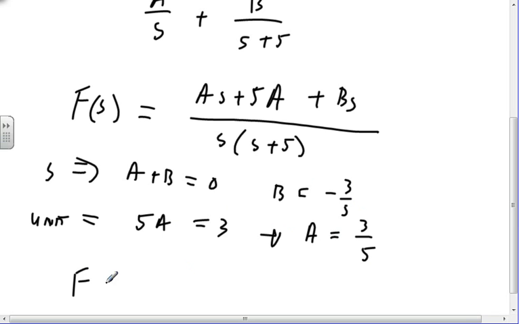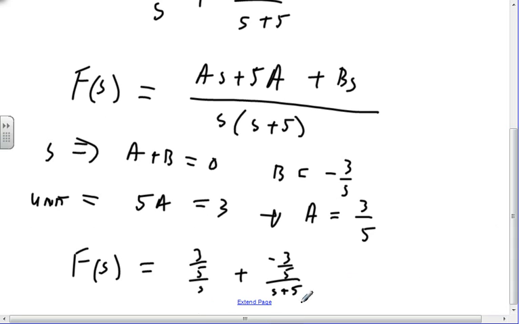So f of s is 3/5 over s plus minus 3/5 over s plus 5. I ran out of room.